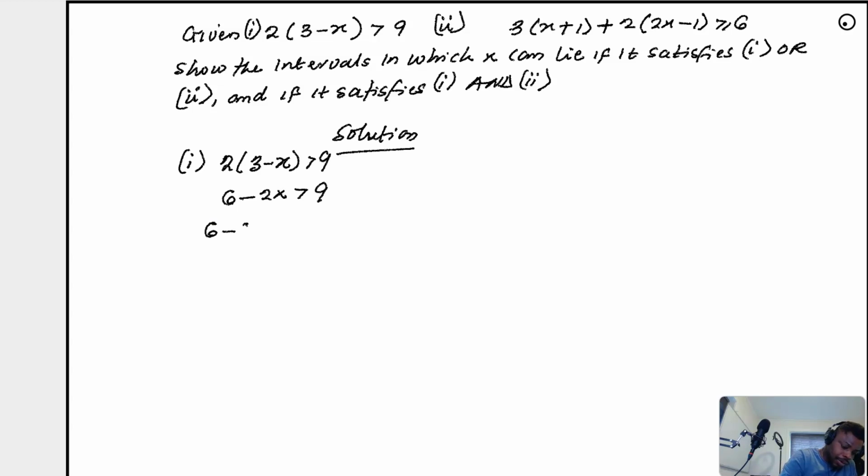You already know how this works, okay? Because this is linear inequality. So if I divide this by -2, the inequality sign will change.